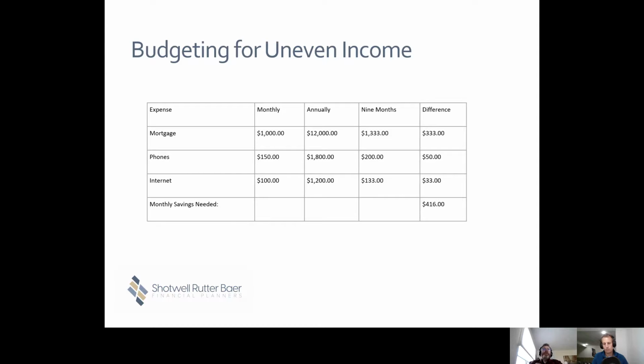But then those big months become equivalent to those bonuses that we talked about a second ago. If in July all of those payments come in, you need to be setting aside for the rest of the year and using that month to catch up on some of the lower priority stuff that maybe you've had to set aside in the leaner months.